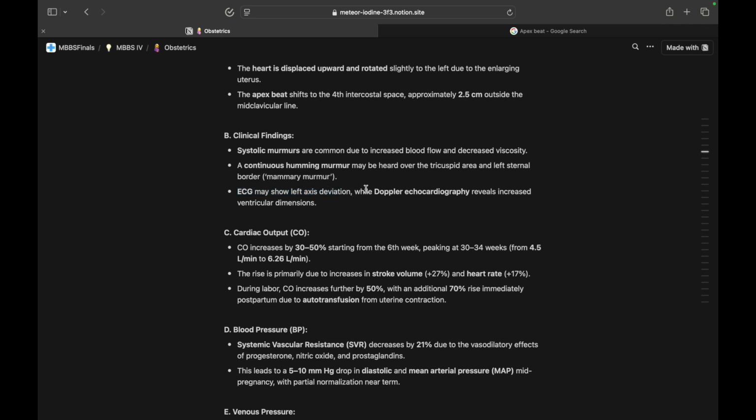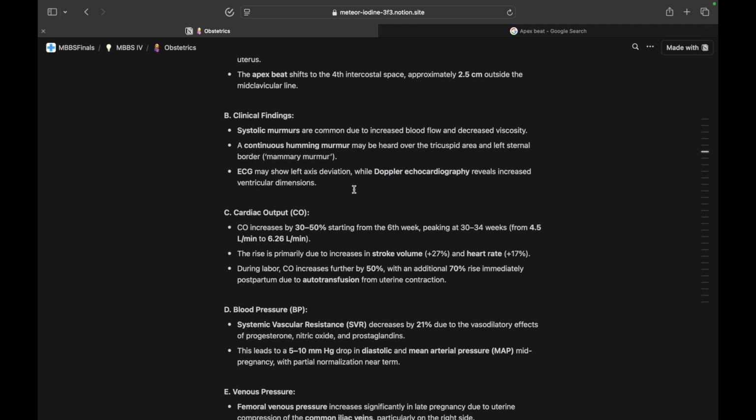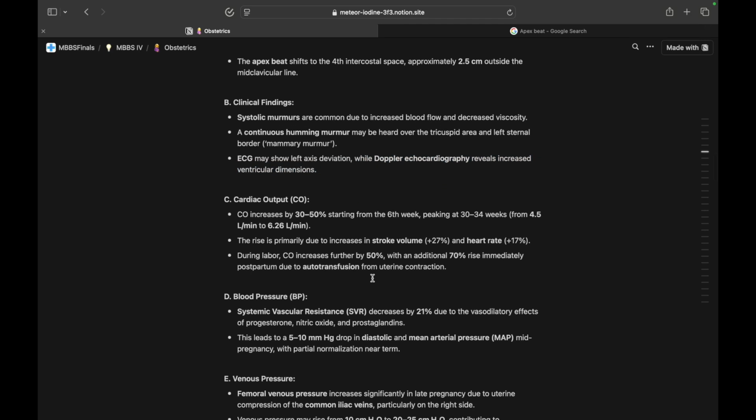So this thing changes. What is it? The position of the heart changes, and because of that, axis deviation also occurs. While Doppler echocardiography reveals increased ventricular dimensions. Using that we can look at increased ventricular dimensions. Why? Because there is a lot of blood which is being pumped, and this seems to be a compensatory feature.